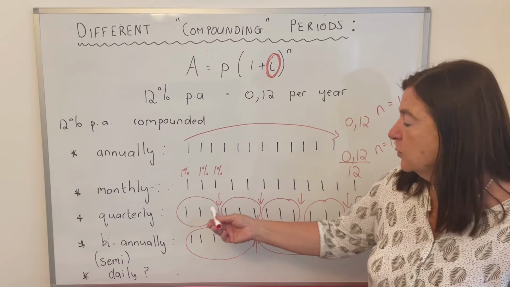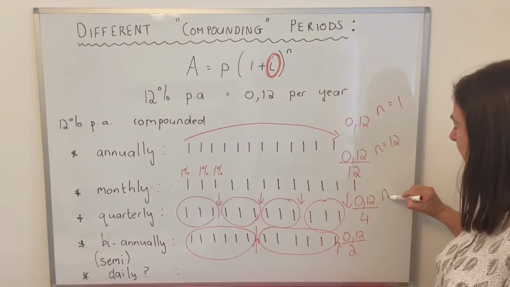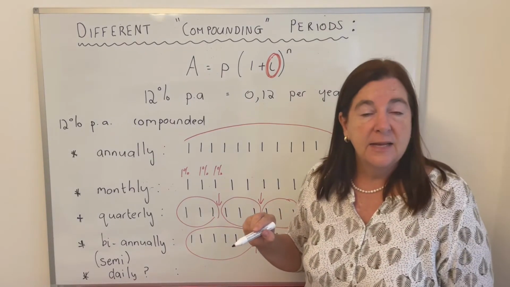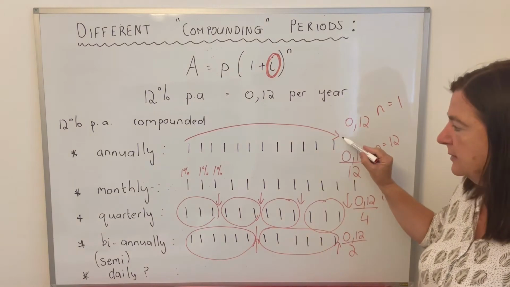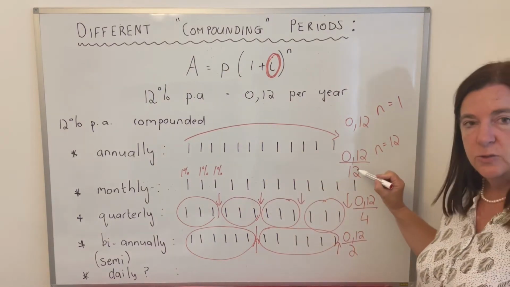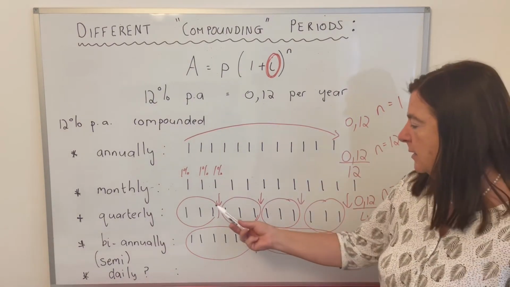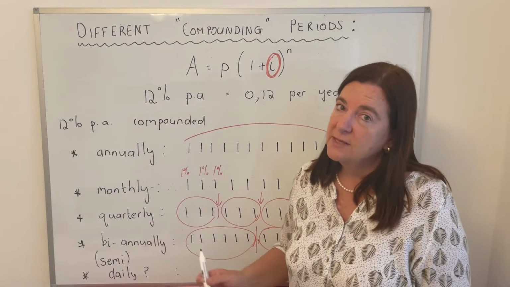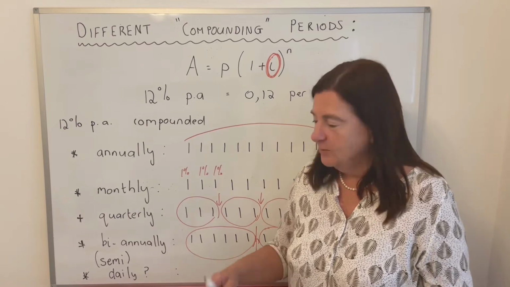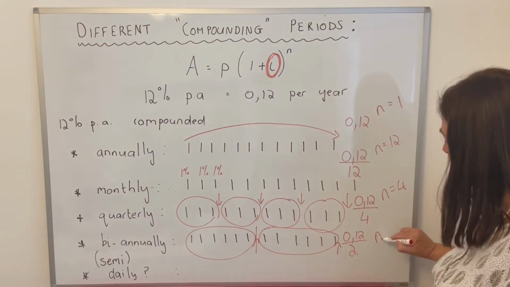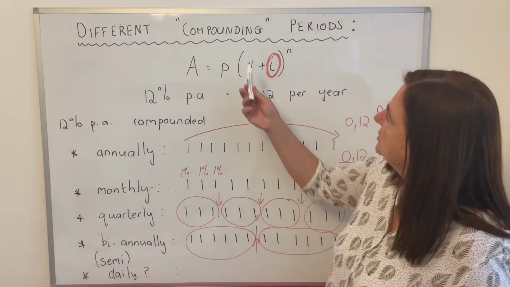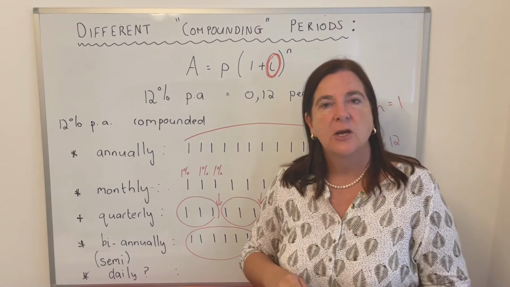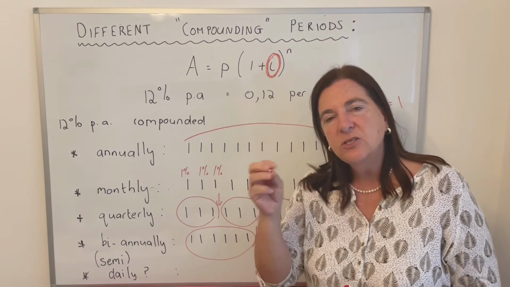If it's quarterly, n is no longer 1 and no longer 12. n would be 4. What if I'm doing it twice? What would n be? 2. So essentially, when we change the compounding periods, your i changes and so does your n.